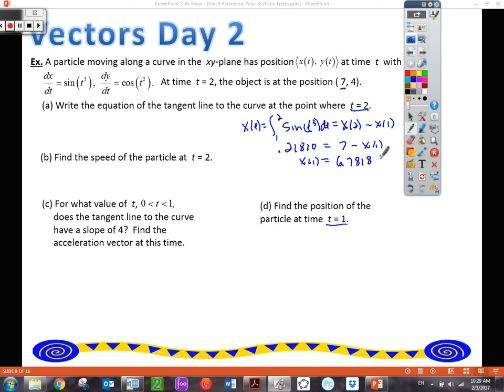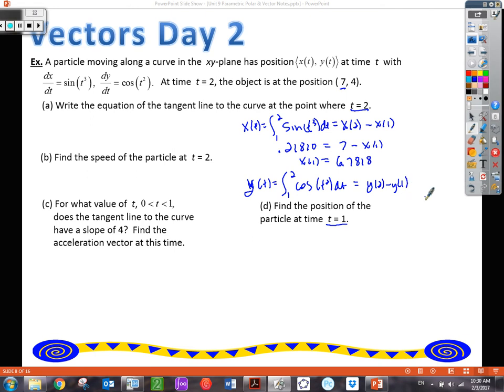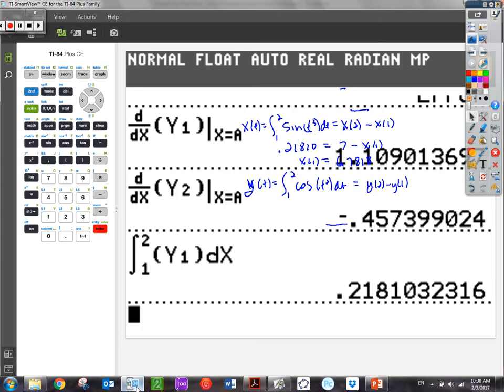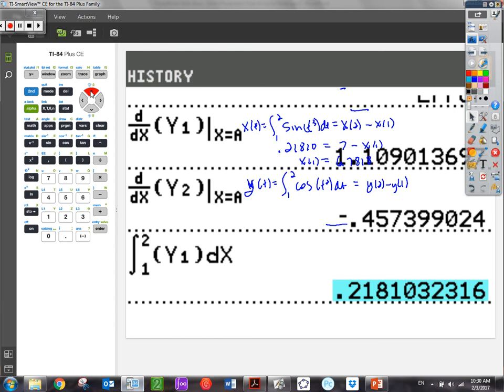All right, so now let's find our y component, y of t, integral 1 to 2 of cosine of t squared dt equals y of 2 minus y of 1. Okay, so let's go back. And you probably already know this, but I'm just going to talk about it anyway. If I don't want to type that all over again, I just need to go up and highlight it and hit enter.